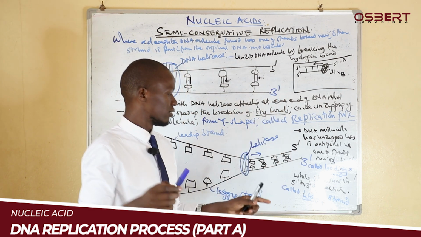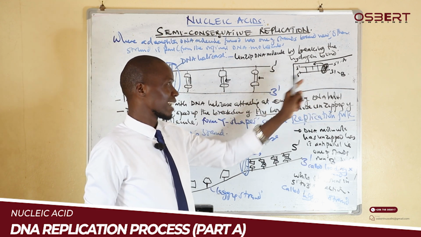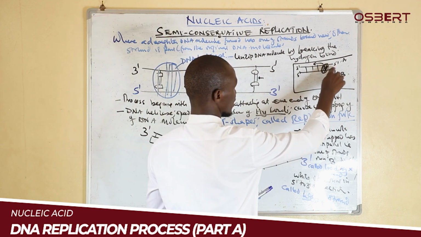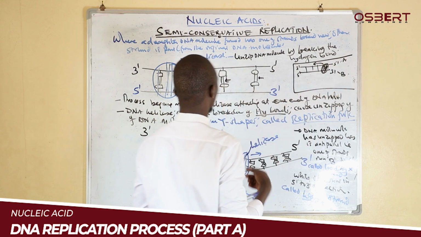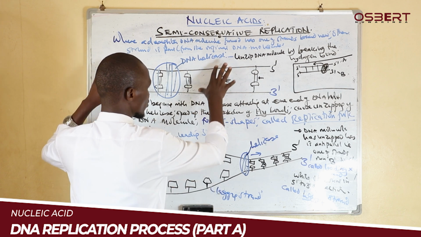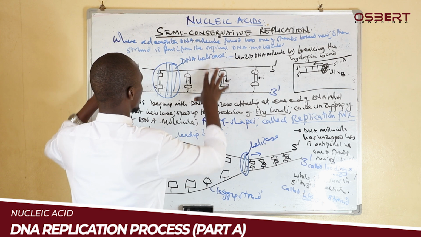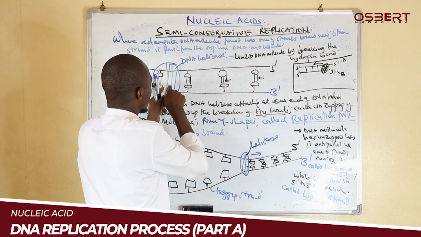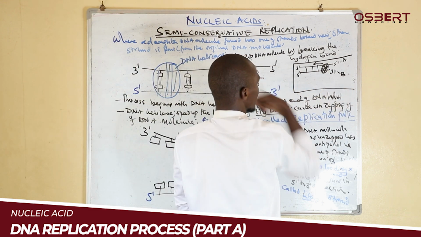Now, if we have understood this, let me check you on this. If I have this DNA as my DNA molecule, and now the helicase is moving in this direction, from this side to this side. I'll remain with this same molecule, but the difference is that the DNA helicase here was moving like this, but in this case, DNA helicase is moving in this direction.